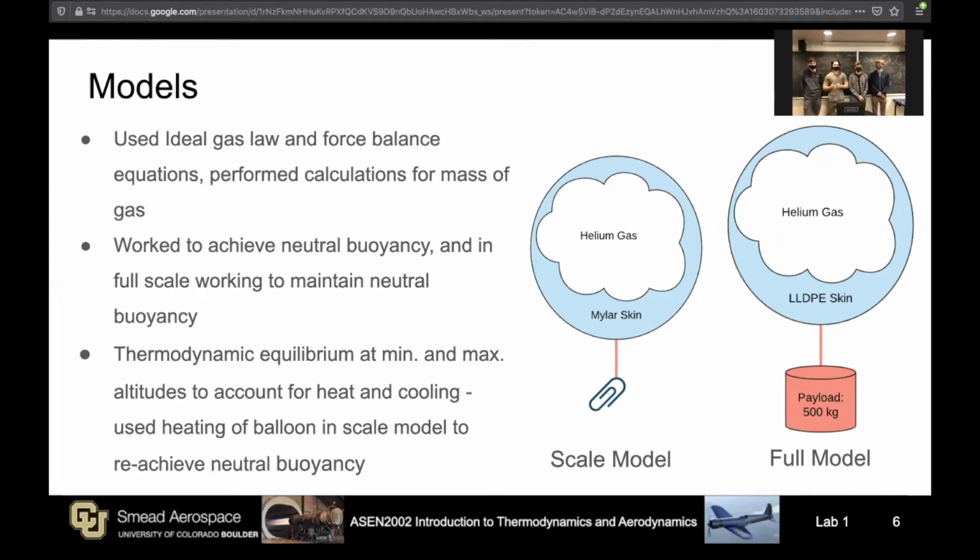We also worked to achieve neutral buoyancy, and in the full scale working model to maintain the neutral buoyancy. Also in the scale model, we had a heater, and we did this to simulate the radiation that would cause the gas to expand in our real model. And we were able to find the thermodynamic equilibrium at the minimum and maximum altitudes based on that model.